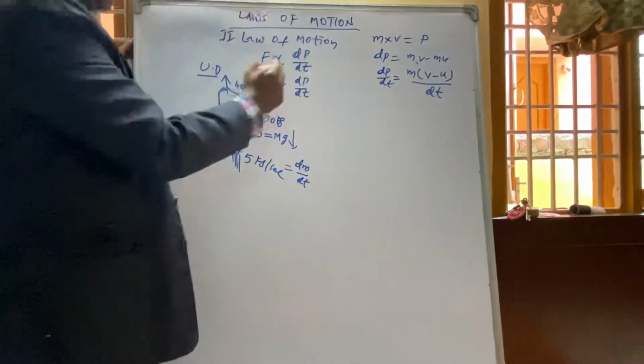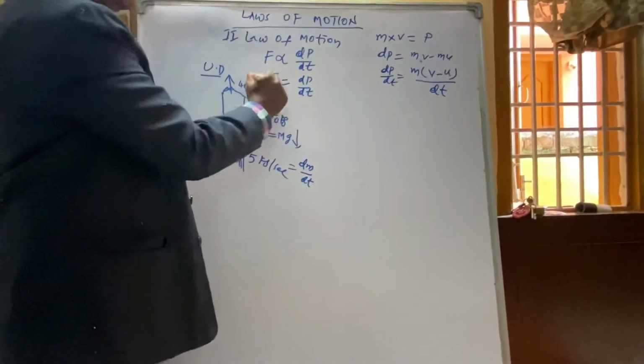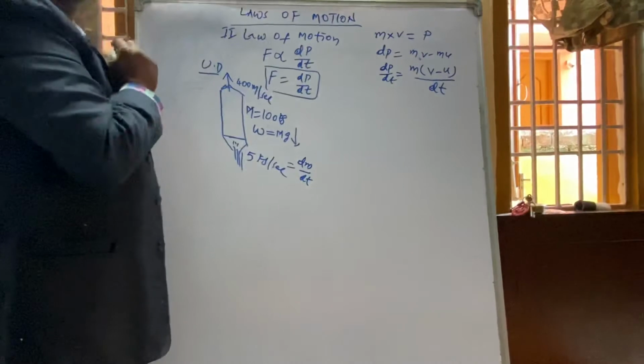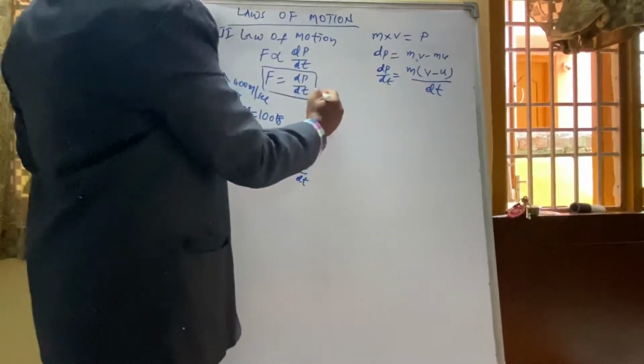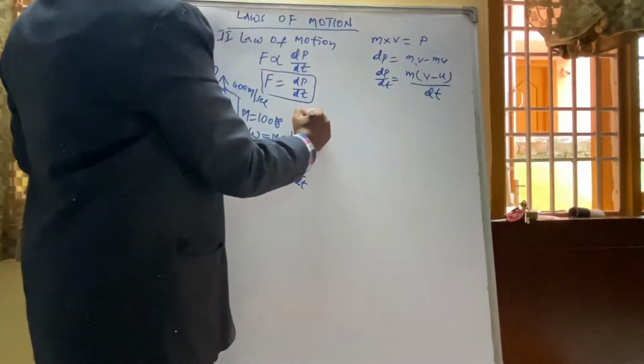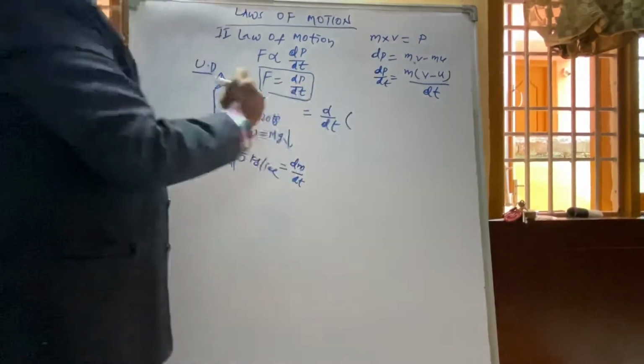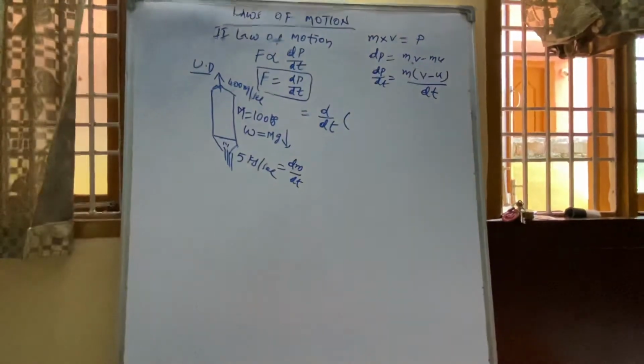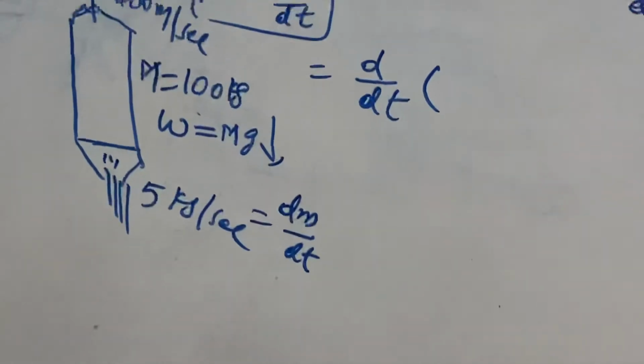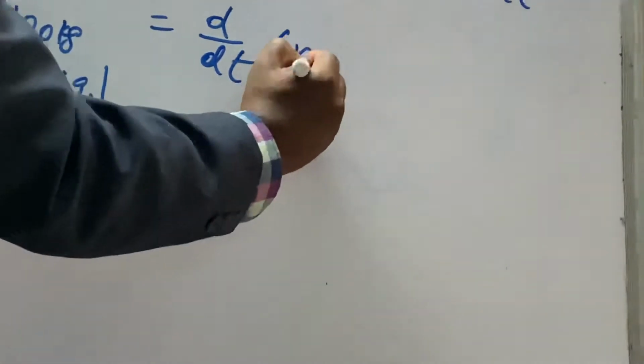The known concept is F equals dp by dt. So now write d by dt of mv.